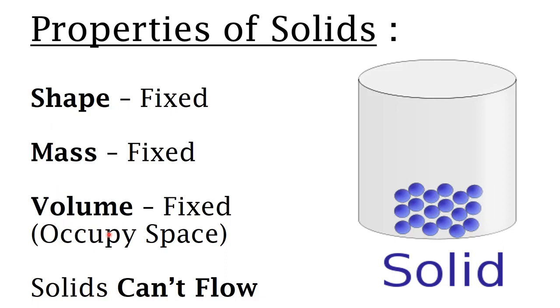Volume, meaning the space which they occupy, is also fixed. And we know that solids cannot flow. You can check here that all the particles which make up a solid are closely packed. They have fixed shape, mass, volume, and they do not flow.